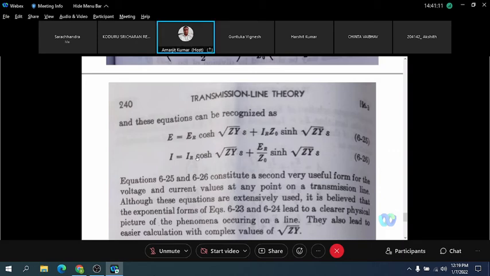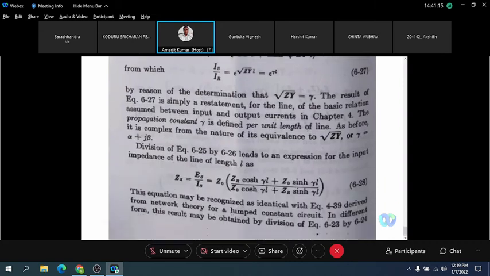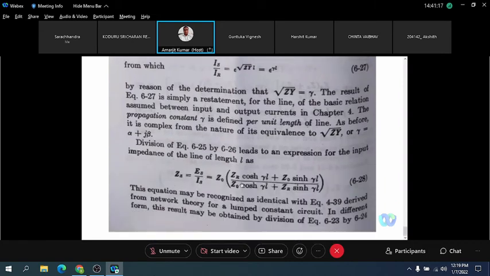So at the sending end, S will be equal to L. So basically, it will be equal to Z naught into ZR cos hyperbolic gamma L plus Z naught sin hyperbolic gamma L and divide by. So ZS, this is the input impedance of the transmission line of length L.